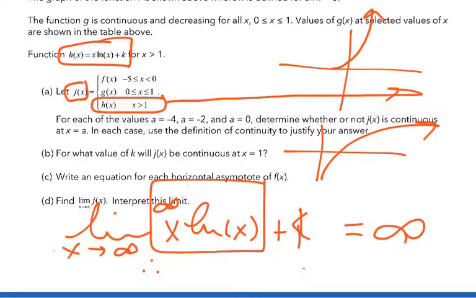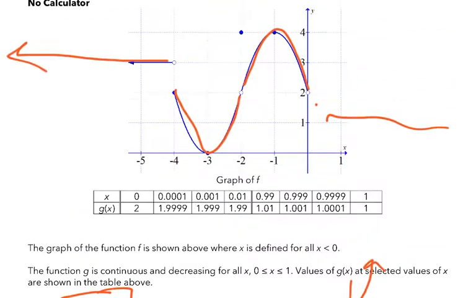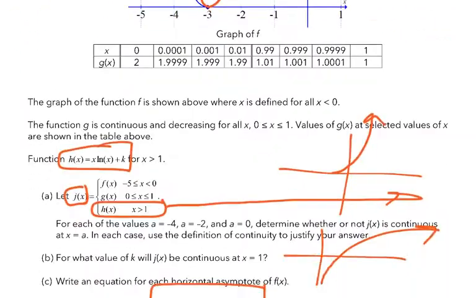So we could say therefore j of x is unbounded as x goes to infinity, or we could say there's a vertical asymptote. I don't know, something like that, right? Anyway, you'd have to look at the key to see exactly how that was expressed.